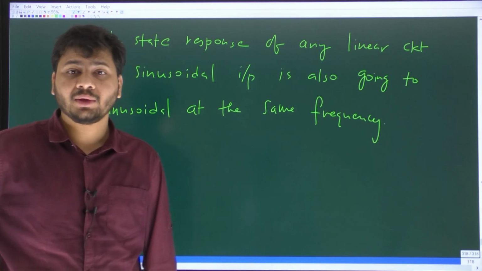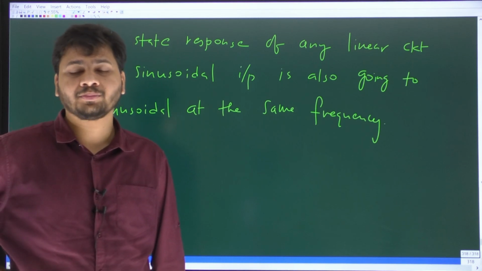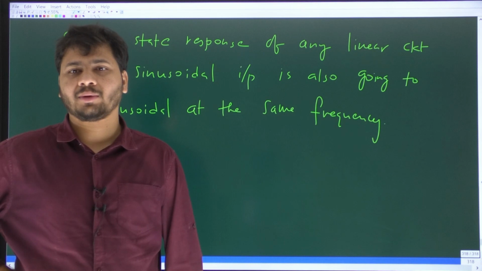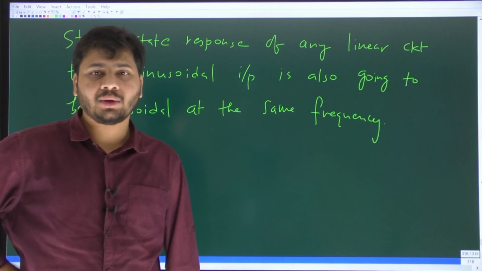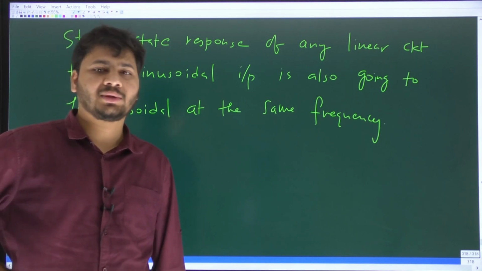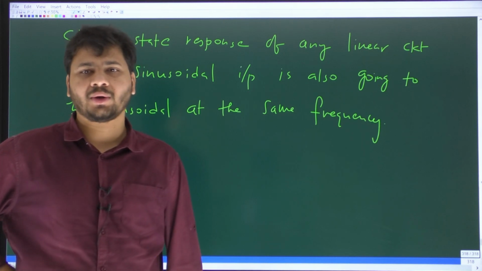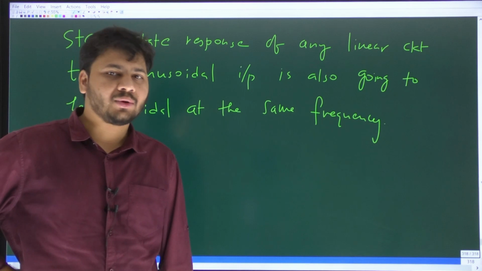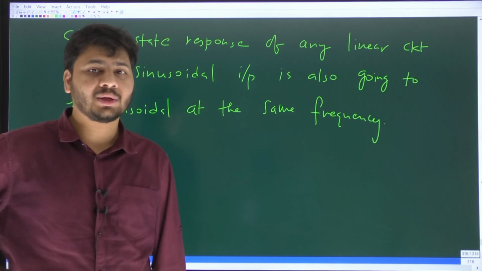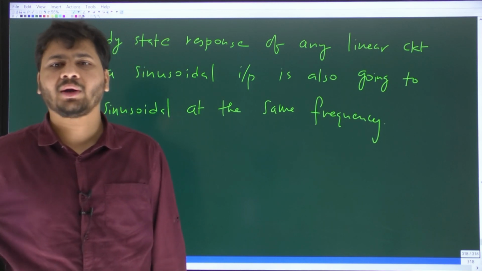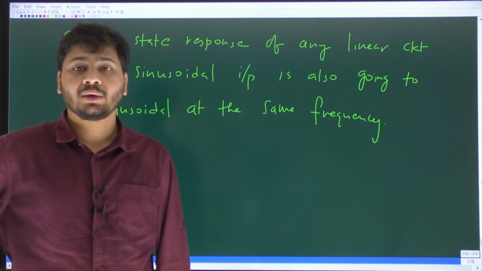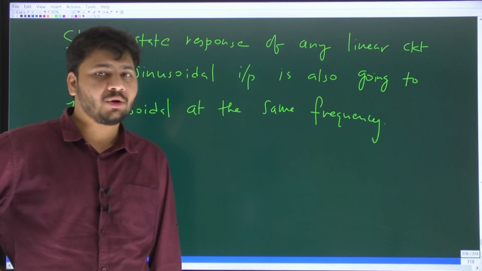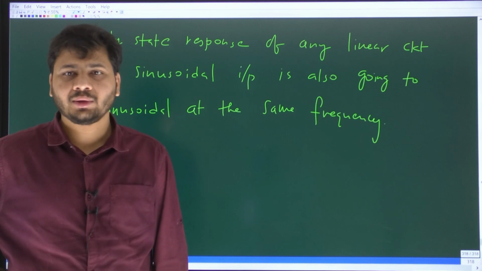If a square wave goes through a linear system, it will never come out as a square wave unless the system has got what? Infinite bandwidth and so on, which is never the case. Even if a triangular waveform goes through a linear system, the output will not be exactly triangular.